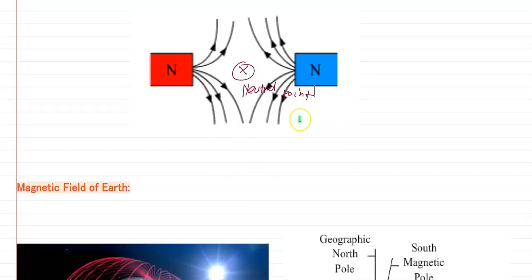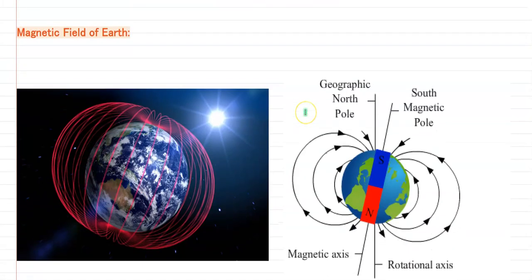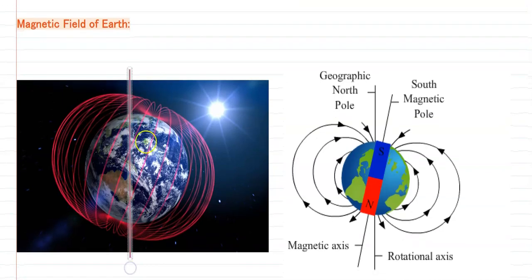Now, the magnetic field of Earth. I have told you that Earth is a large magnet. It has geographical north and south. Earth's magnetic field lines emerge from the south pole and enter the north pole.